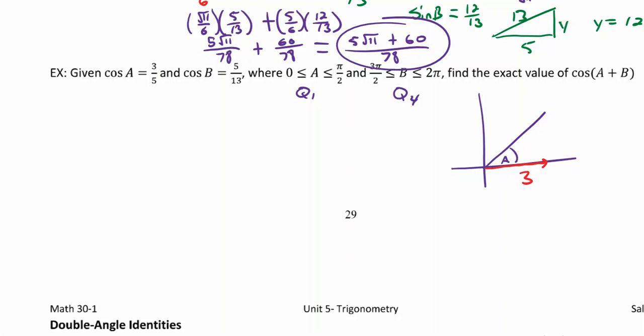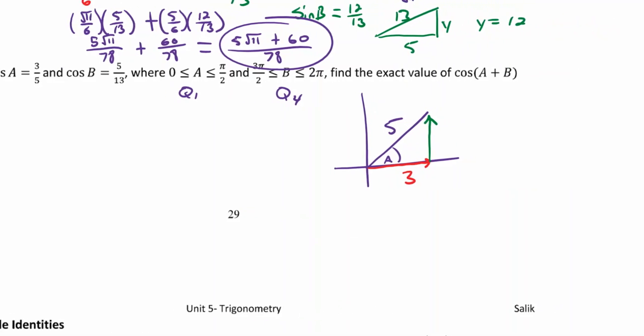I don't know my y, but I do know that my r value is going to be 5. So let's solve for the y. This is actually a 3, 4, 5 triangle, so you can use Pythagorean theorem again. I'll cut to the chase, especially for time. This is going to end up being 4.